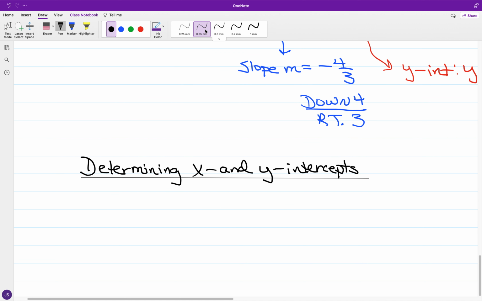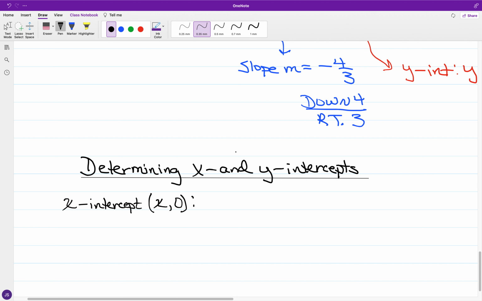there will be a little bit of inversion of the language for the definitions of x and y intercepts. Now for an x-intercept, we're going to have the general coordinates x, 0.